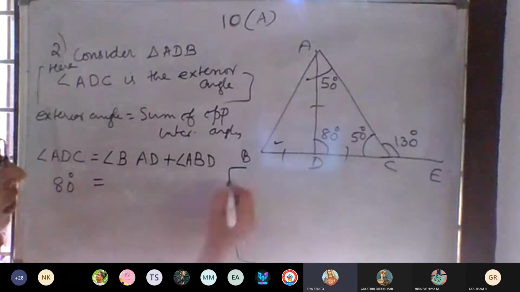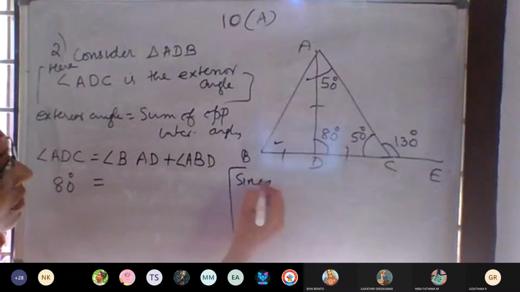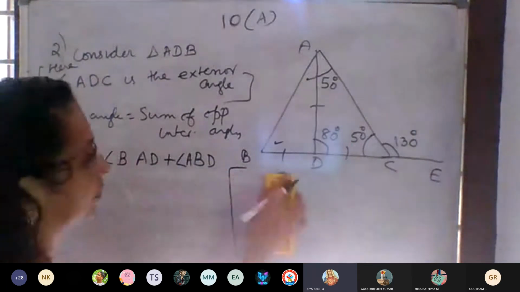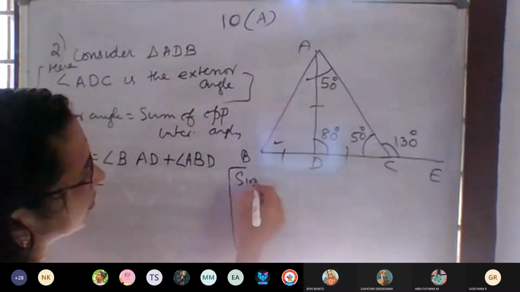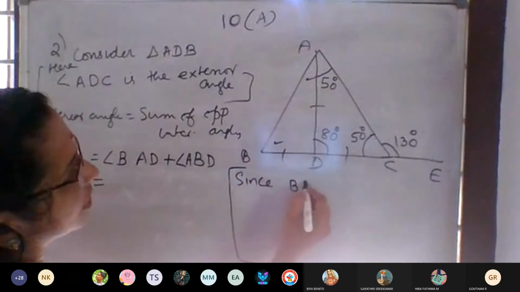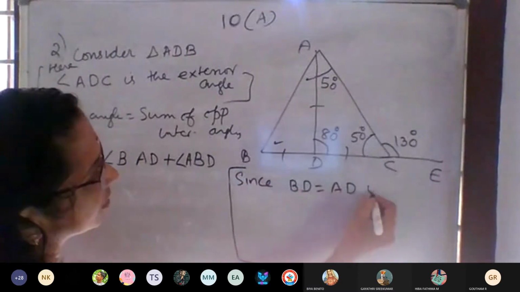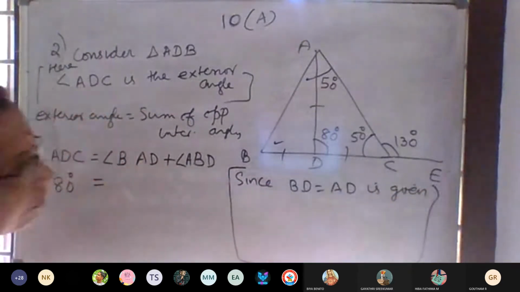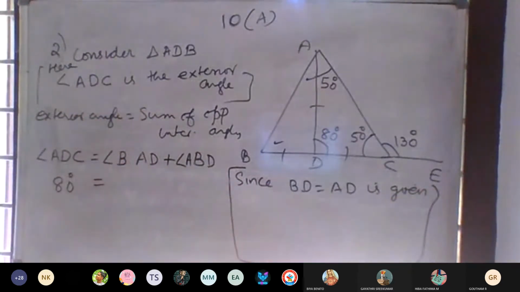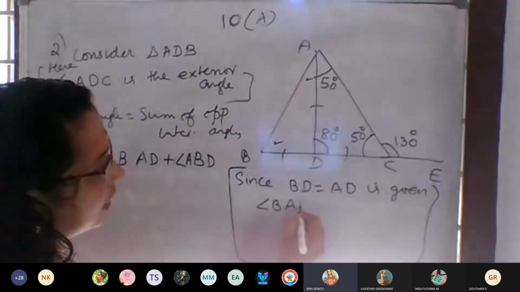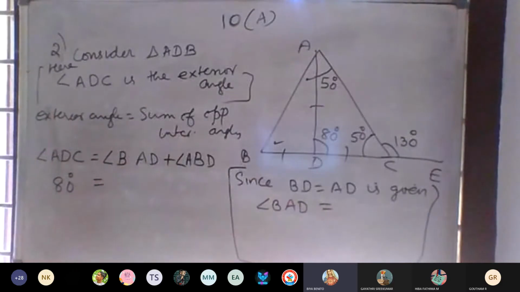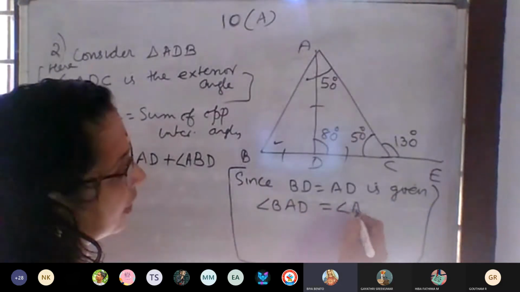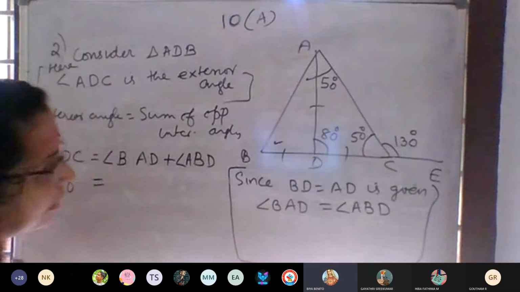AD is equal to BD, since given. Since BD is equal to AD is given, angle BAD is equal to angle ABD.